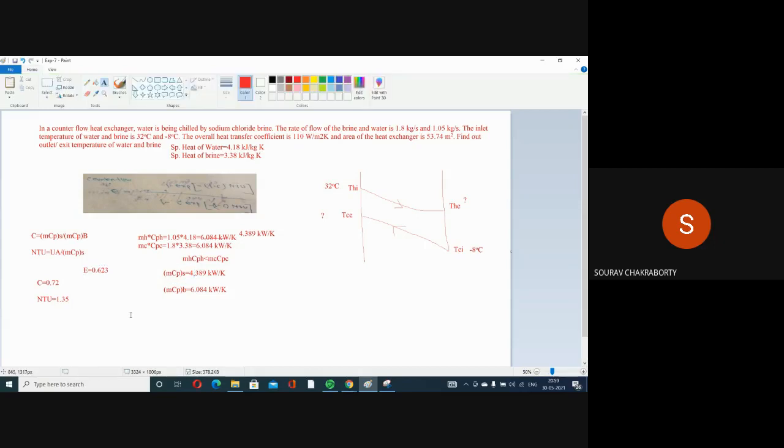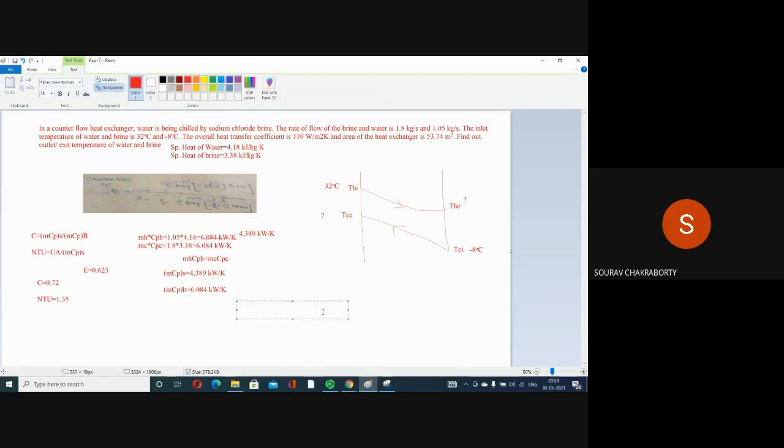So once we have this effectiveness value, how can we utilize it? We know that effectiveness is equal to mH into CPH into THI minus THE, divided by MCPS into THI minus TCI.